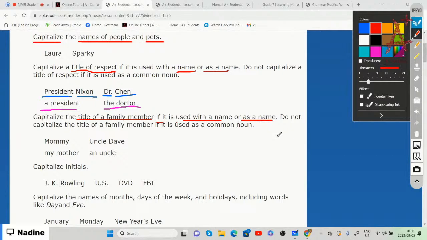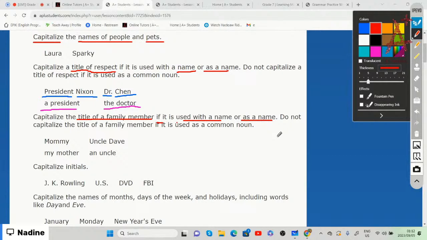So if you, for example, say either my uncle, or an uncle, or even the uncle, instead of saying Uncle Dave, then you write it in lower case because now it is being used as a common noun, not as a proper noun. But as soon as you specify Uncle Dave, Uncle John, then we write that in capital letters.